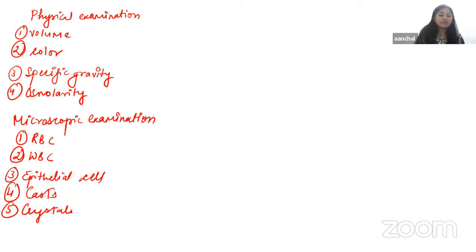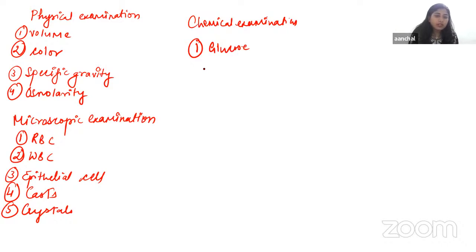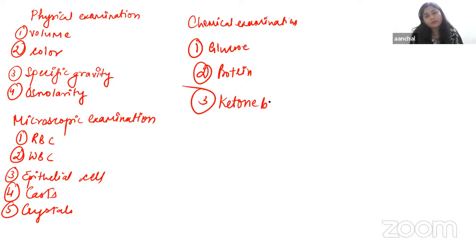Okay, now next we have the chemical examination. So in chemical examination, we look for glucose, then protein, then ketone bodies, bilirubin, bile salts.